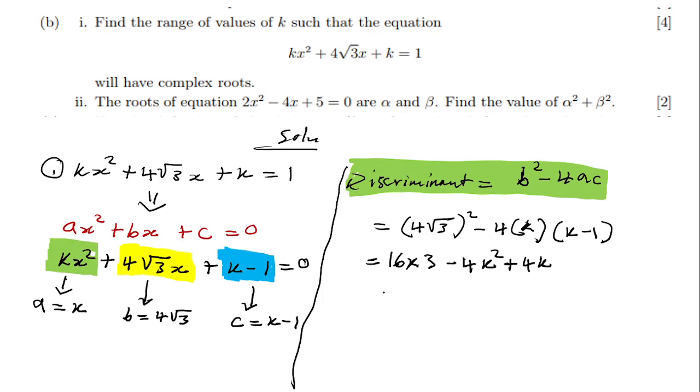Remember that is times there. So you're going to say 16 times 3, it is what? 16 times 3 should be 48. I hope I'm correct in terms of my calculation. It's going to be 48, and then you can say minus 4k squared, and then plus 4k.